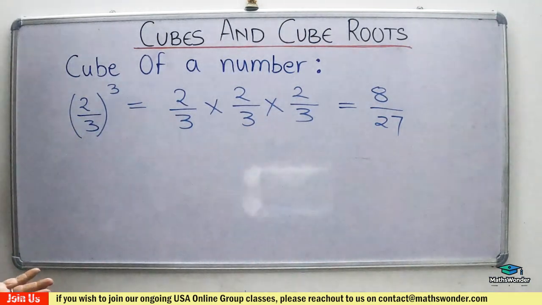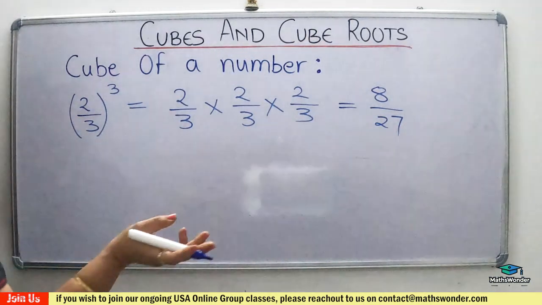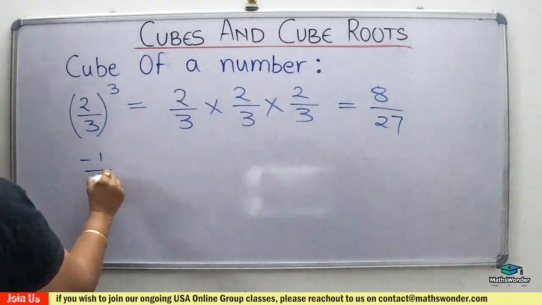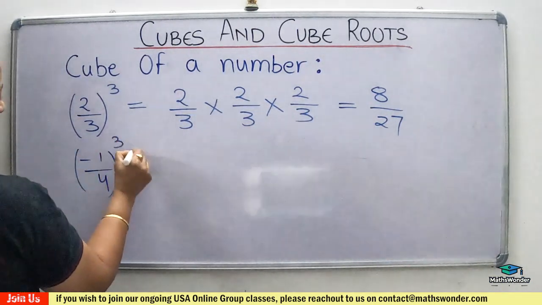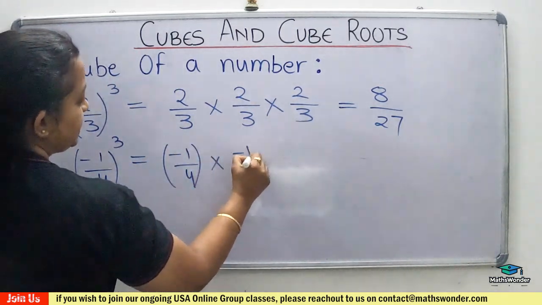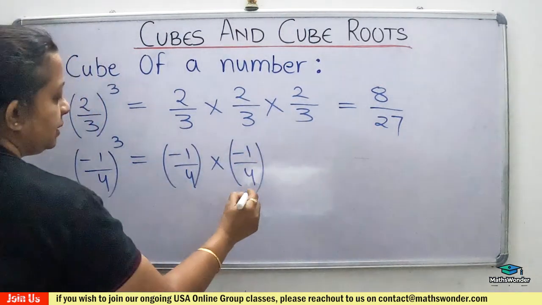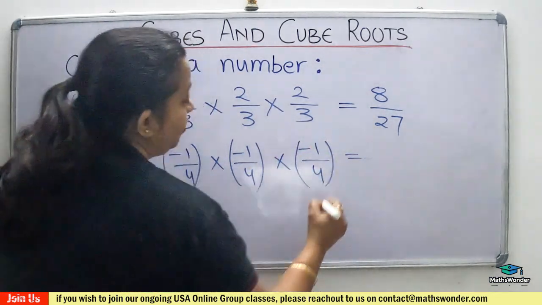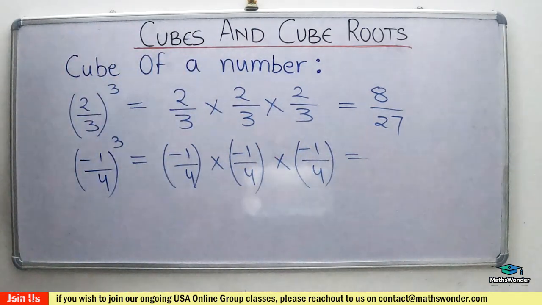Same thing if you take any negative number. Negative 1 over 4 whole cube. Then negative 1 over 4, you will multiply. This is a rational number, as you know. But how will you put the negative sign?